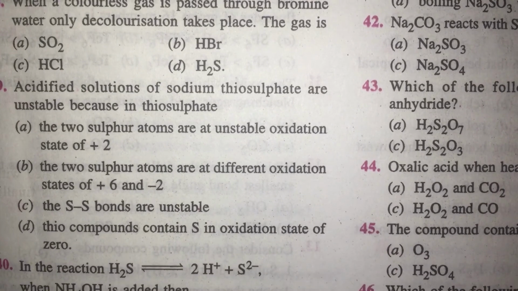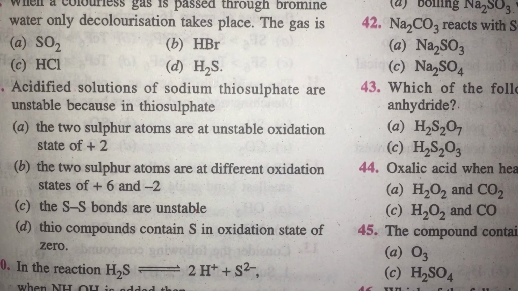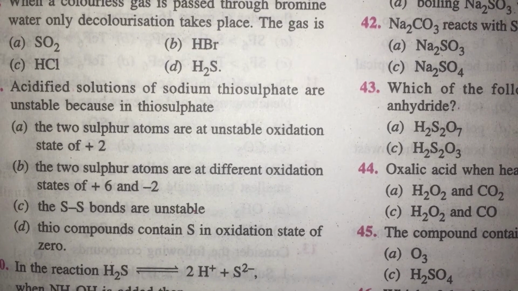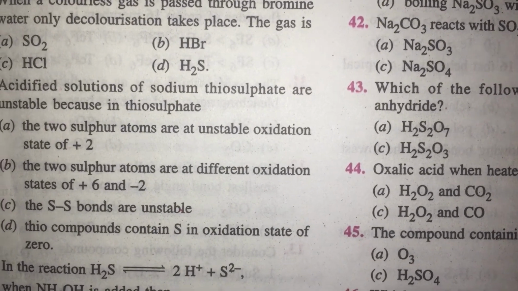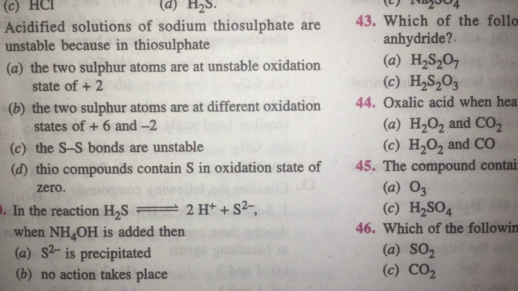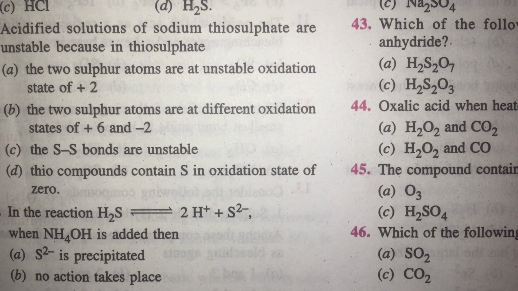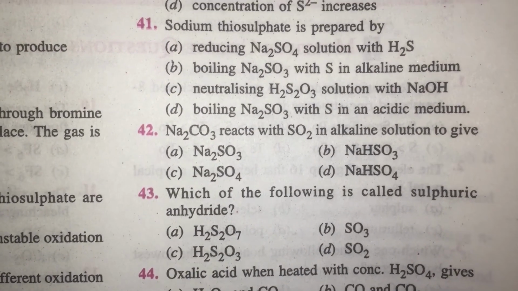In the reaction, H2S gives 2H+ and sulfide ion. When ammonium hydroxide is added, this is what you actually do in salt analysis in the fourth group. When you are adding OH- ion, H+ ions are destroyed. As one of the products is destroyed, the equilibrium shifts towards the right. As a result, the concentration of sulfide ions increases.